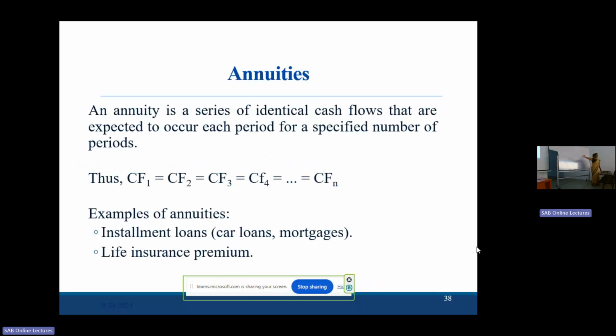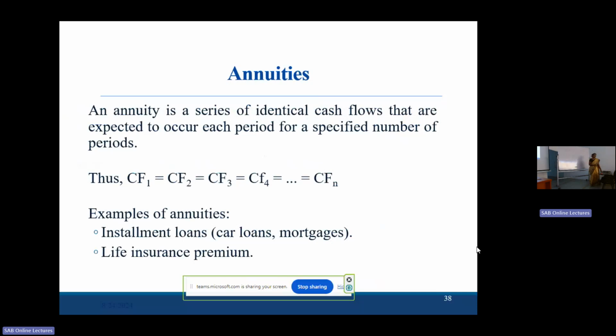Now, for an example of annuities, take a loan installment. After you take a loan, you deposit the installment to the bank at the end of each month. So this installment is an annuity. But the electricity bill and telephone bill are not annuities because they are different each month based on the consumption.